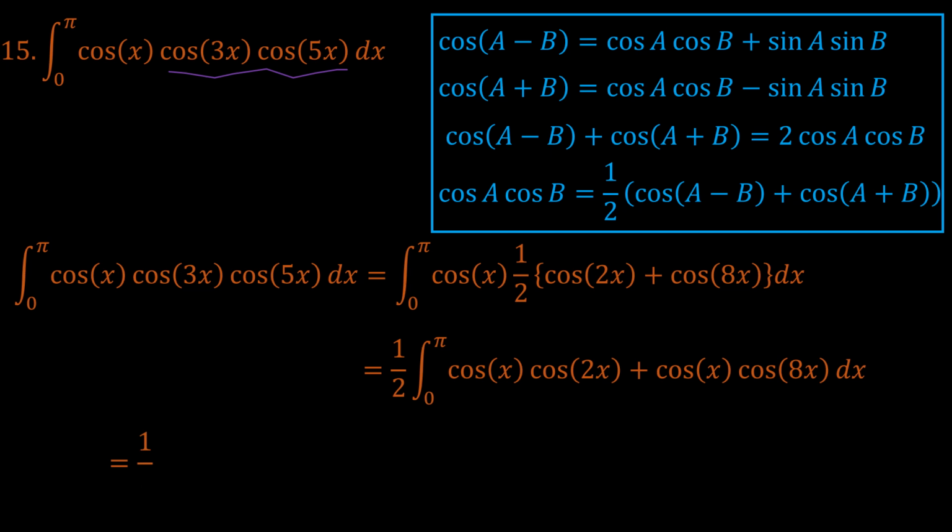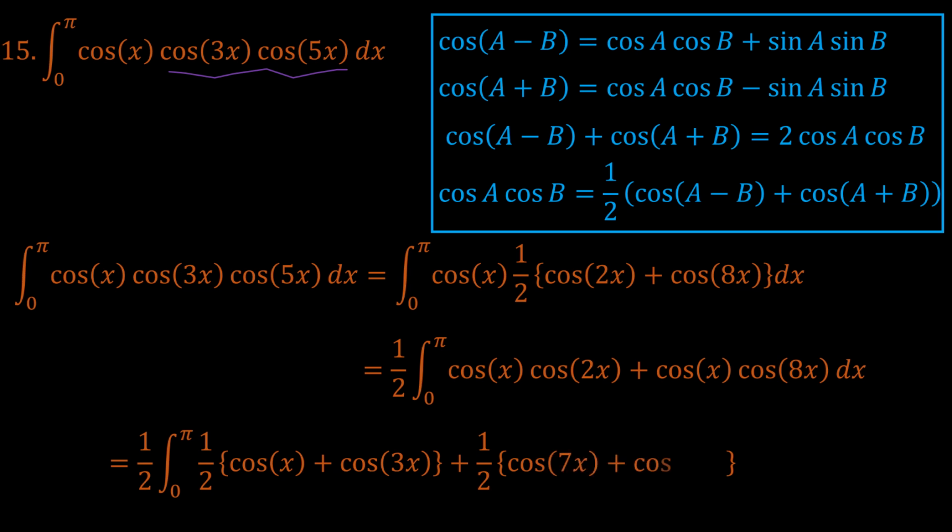So we repeat that process, so you have two subintegrals here, and we have the integral from x equals 0 to x equals pi of half. A minus b is 2x minus x, which is x. A plus b is 2x plus x, which is 3x. Here, a being 8x, 8x minus x is 7x, 8x plus x is 9x.